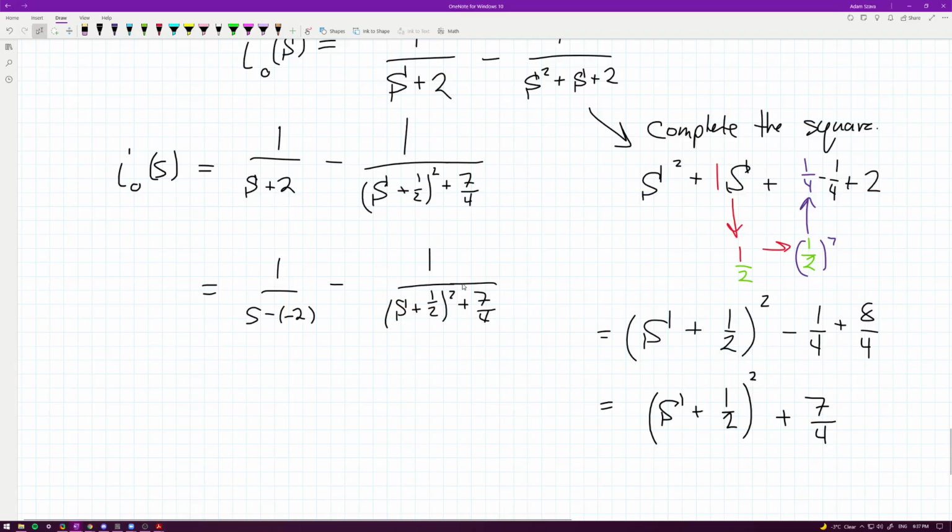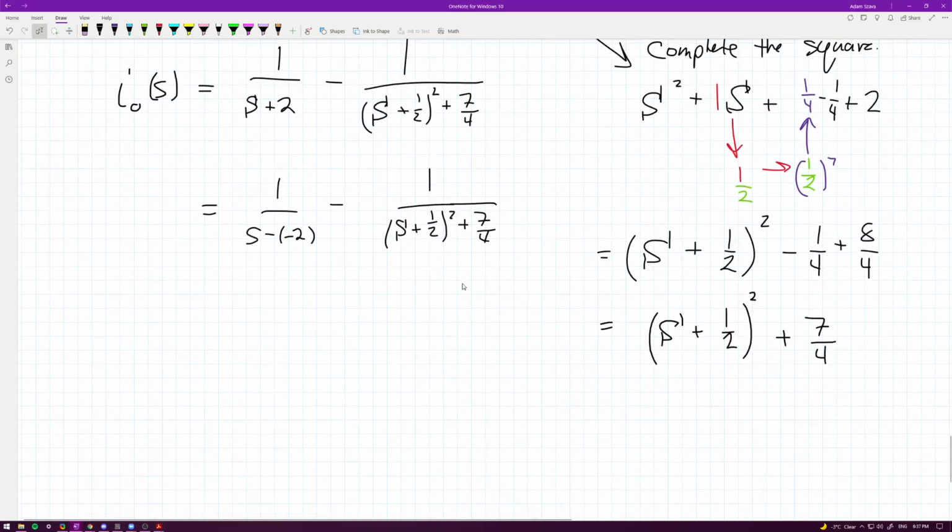So if I just start breaking this up now into the time domain, this would just be e to the negative 2t for that first term. And in the second term, we've got to look at some sort of formula that's going to help us with this, right? So it's going to be sine or cosine or something like that. Let's take a look. So yeah, it looks like it's going to be sine.